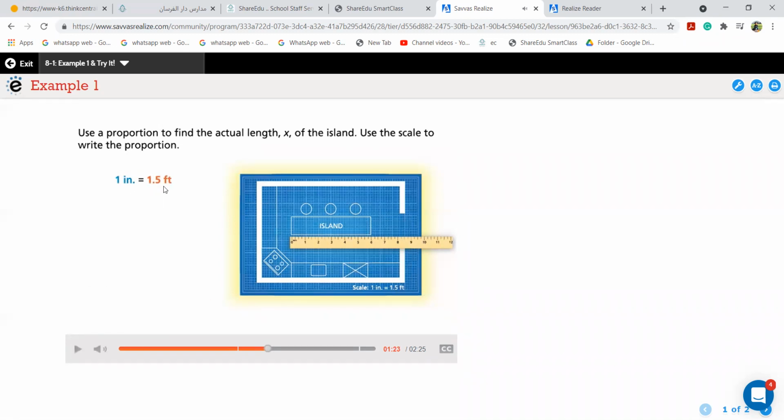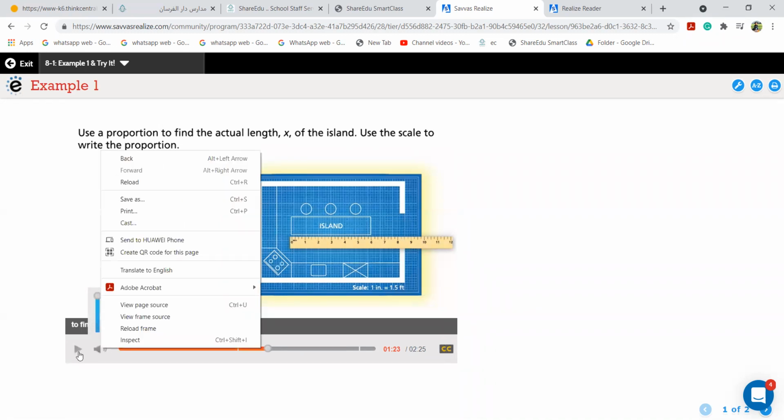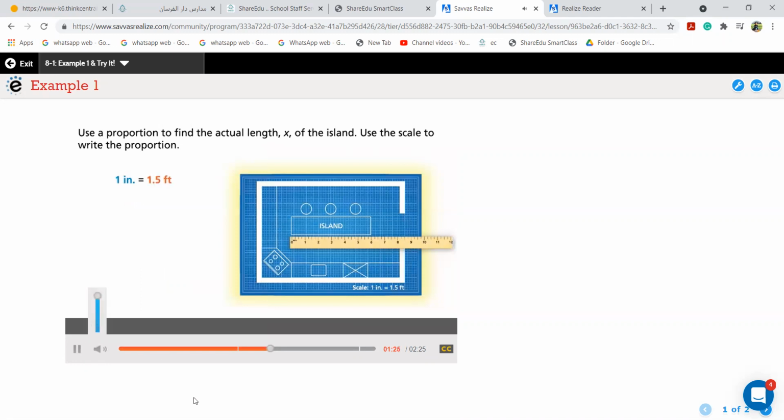1 inch is 1.5 feet. So 6 inches, how much? Of the island. Use the scale to write the proportion. 1 inch on the blueprint equals 1 5/10 feet on the actual kitchen. Divide both sides of the equation by 1 inch to show the ratio 1 5/10 feet to 1 inch.